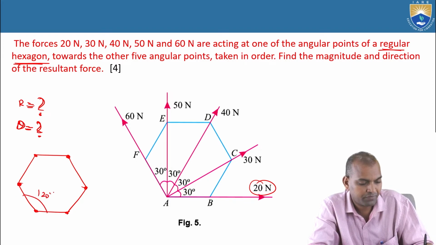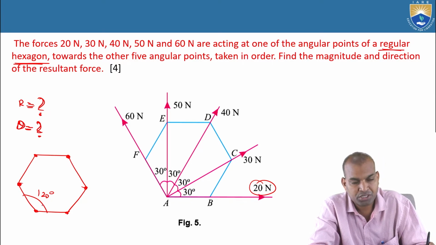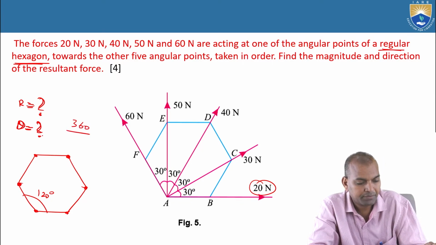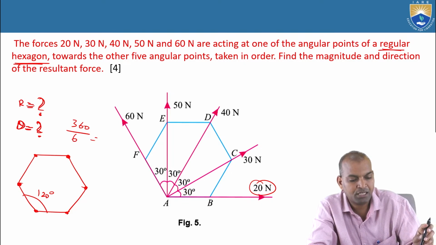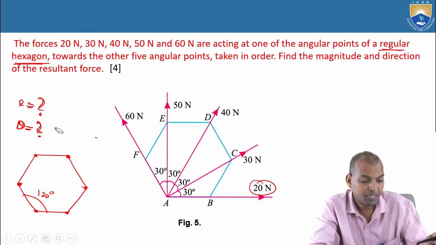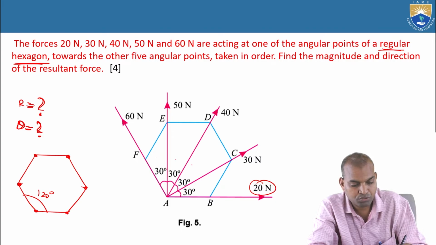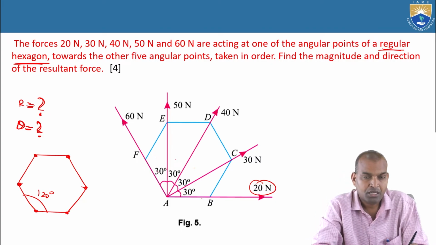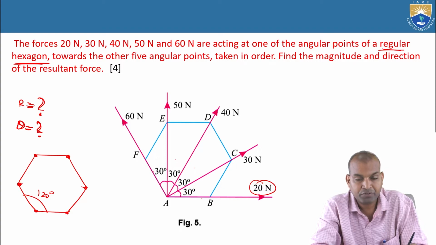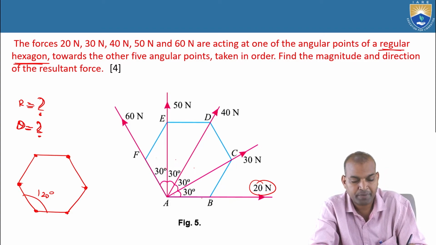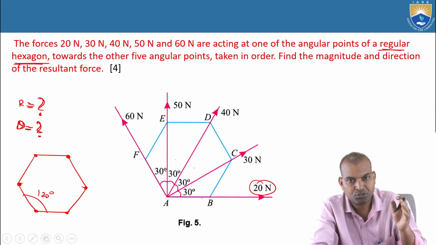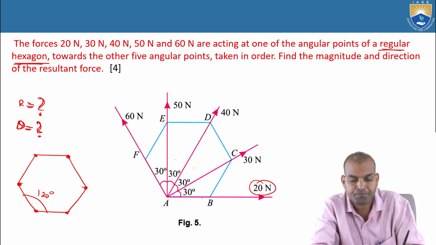This is the 120 degrees per hexagon, that was 360 by 6. If you divide the 120 degrees equally among the points, that is 30 degrees. So that's the 30 degrees it is making.